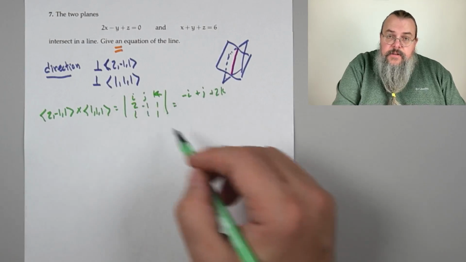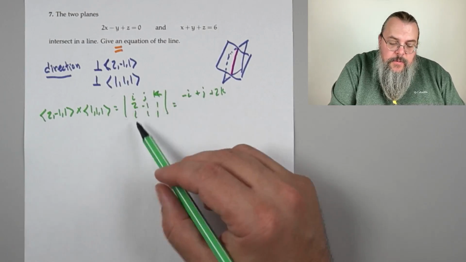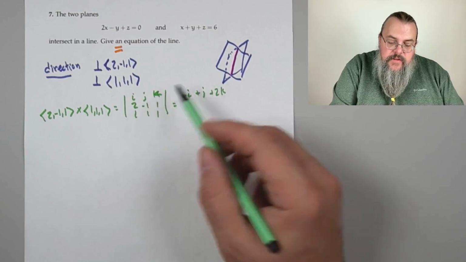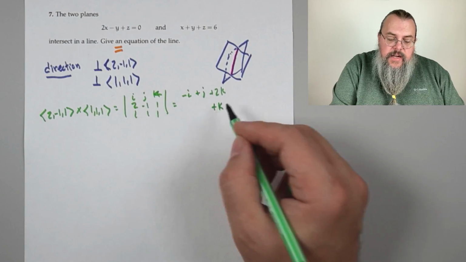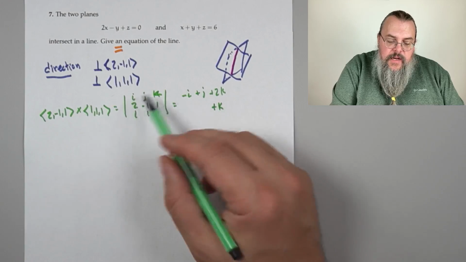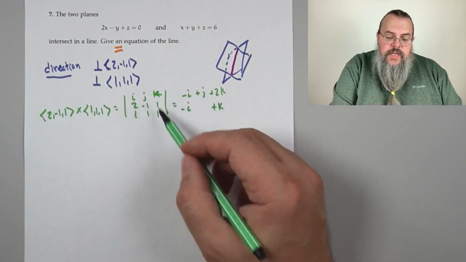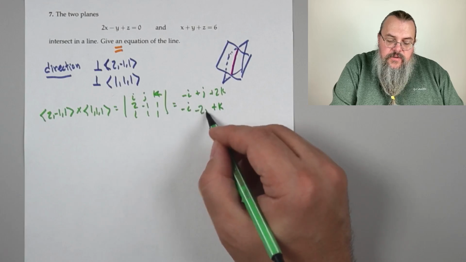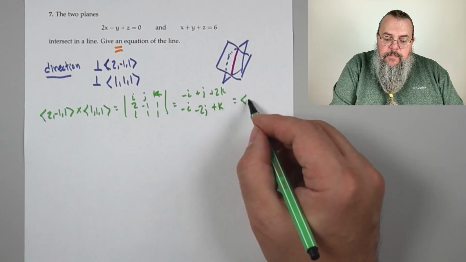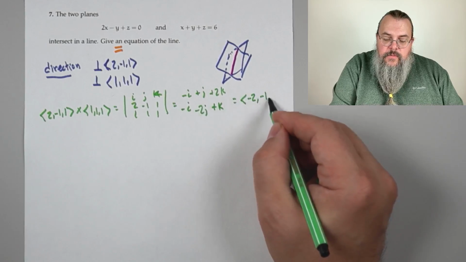Okay, going downhill. Subtract, going uphill. 1 times minus 1 times k is minus k, but we're subtracting, so we add k. 1 times i is i, but we subtract i. And 1 times 2 times j is 2j, but we subtract 2j. So we end up with minus 2, minus 1, 3.